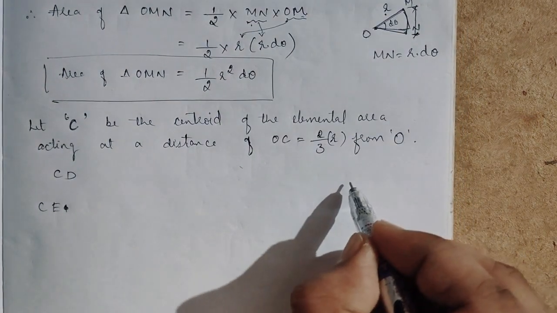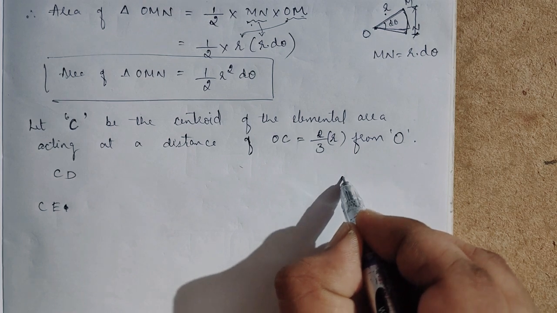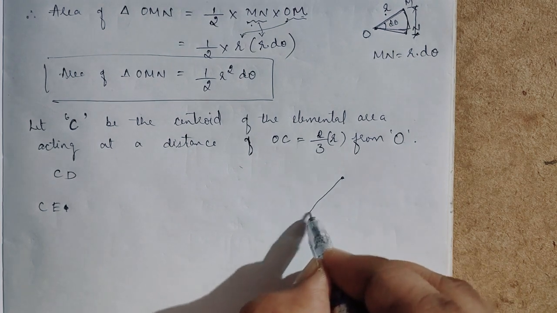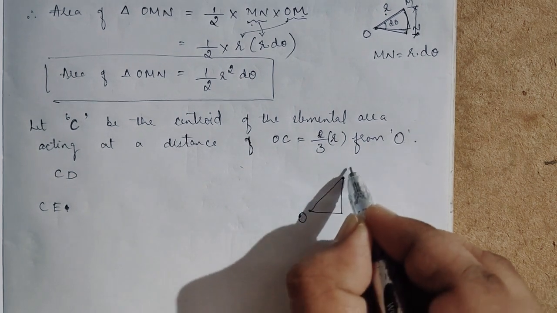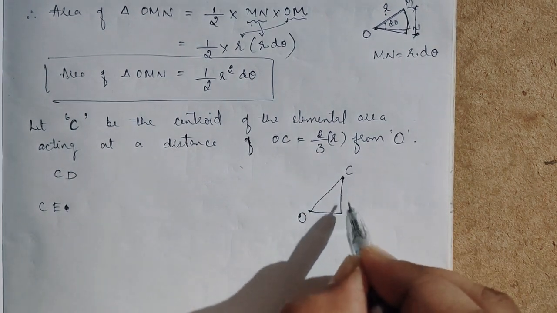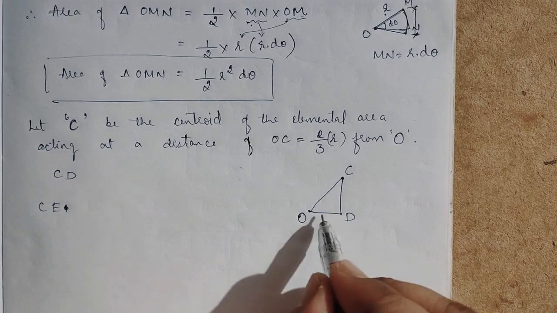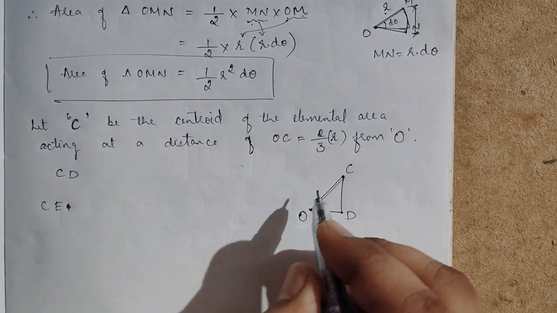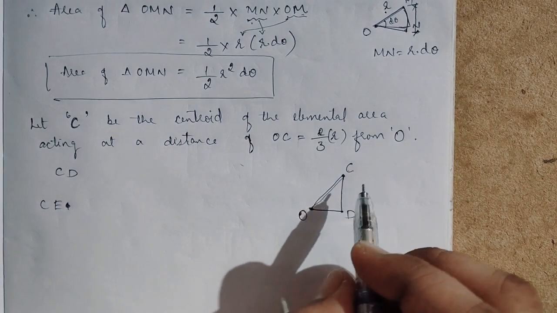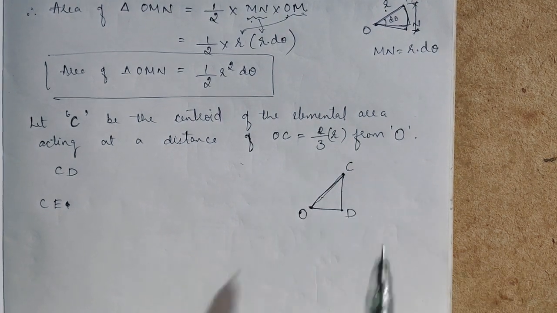So the same OCD I will write here, CO. This is OCD. This is the centroid, and this is the perpendicular dropped with reference to the bottom axis, right? Now this is the OCD, and we don't know this also.